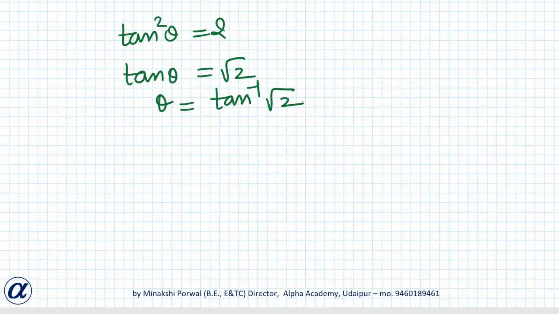Okay, so if we see the question, actually we have to prove only that the semi-vertical angle is equal to tan inverse root 2. Now what we have to prove is that at this point maximum volume will be there. That means the second derivative should be less than 0, or negative, at this value of theta.